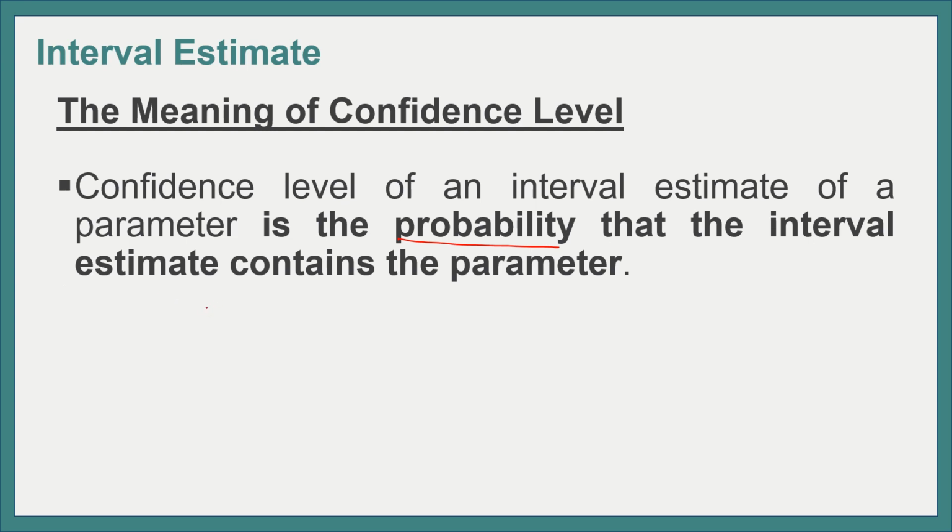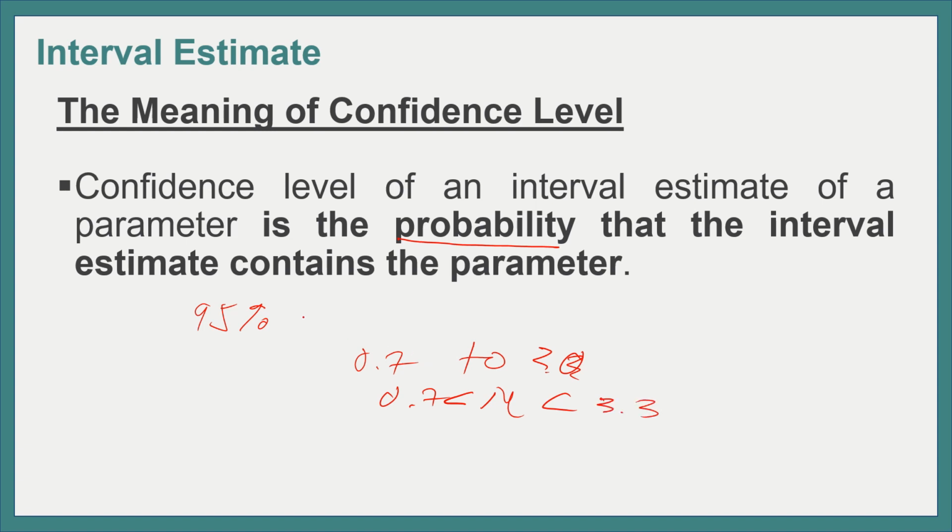For example, if our confidence level is 95%, then we are 95% sure that the interval estimate that we have, let's say, kung babalikan natin kanina yung 0.7 to 3.3, or if we express it in this manner, 0.7 to 3.3.